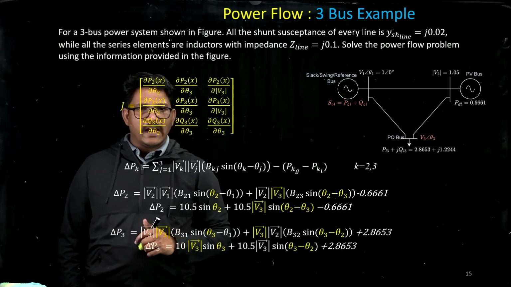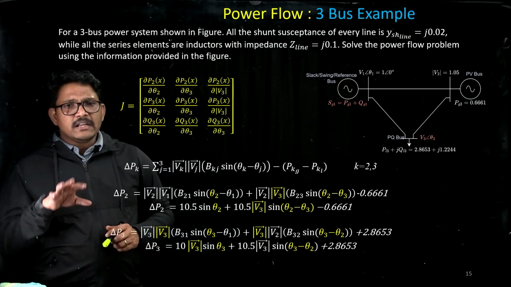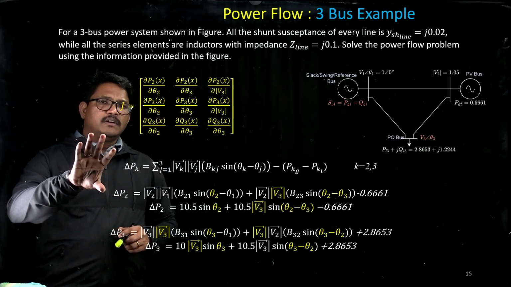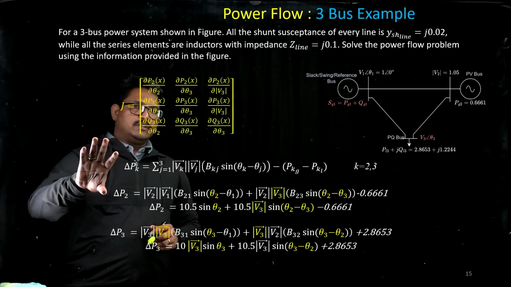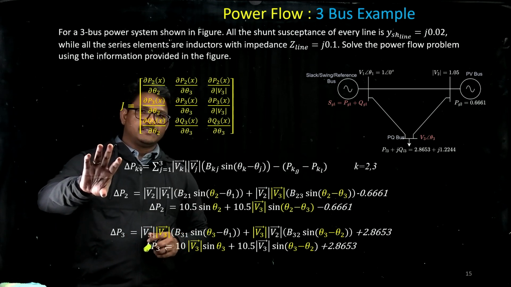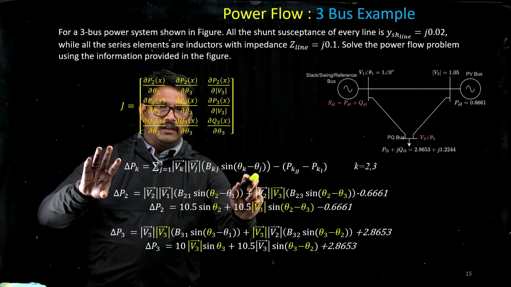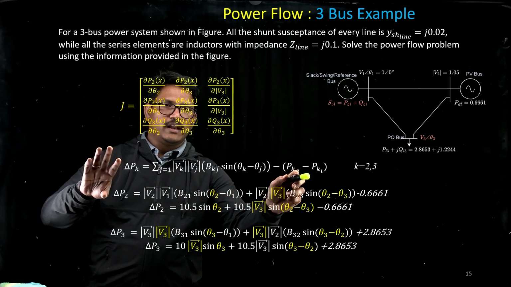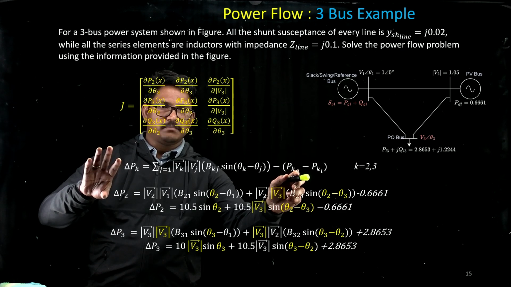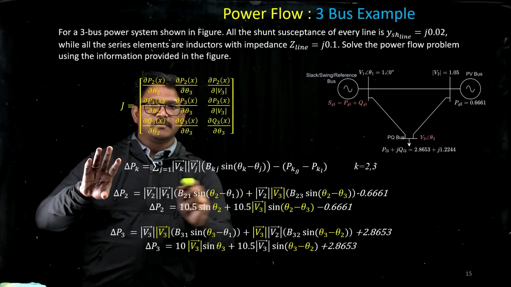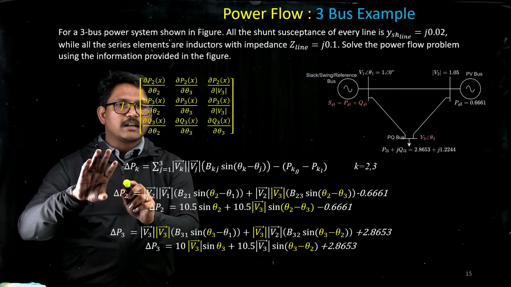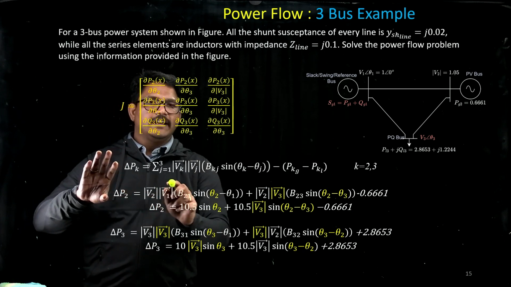In order to do that, look at the expression for the real power injection difference at a bus. First we write down what is the real power expression and then what is the actual value of the real power that is injected at that bus. So the difference is nothing but delta P. So delta P at a bus is expressed this way.